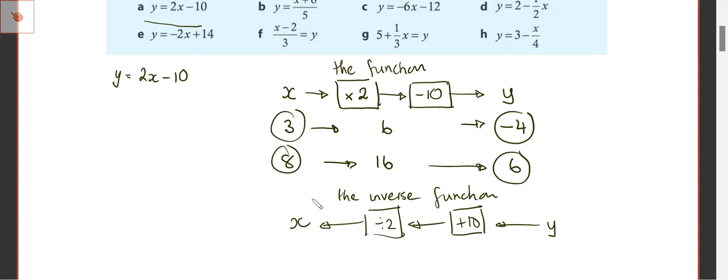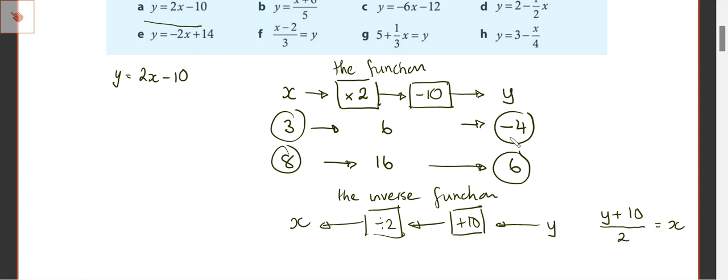How do I write that as an inverse function? Well, what I do is I write this. I say it's y plus 10, all of that gets divided by 2, and that equals x. That is what you would do if you were going to solve it.